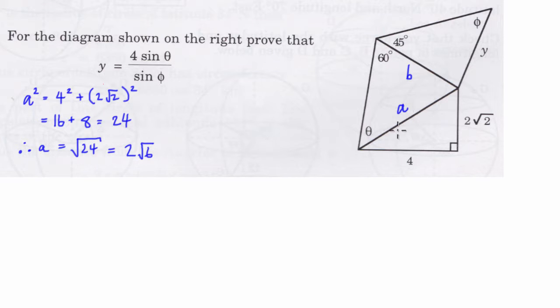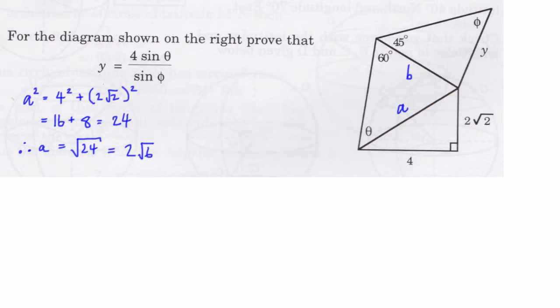So now that we have A, we've got to try and figure out B. So naturally, we have a look at the triangle we've been given. Now we've got one side because we've worked it out, and we have basically two angles. So what we're going to have to use here to find B, because we've got the opposite angles to each of our sides in question, is the sine rule.